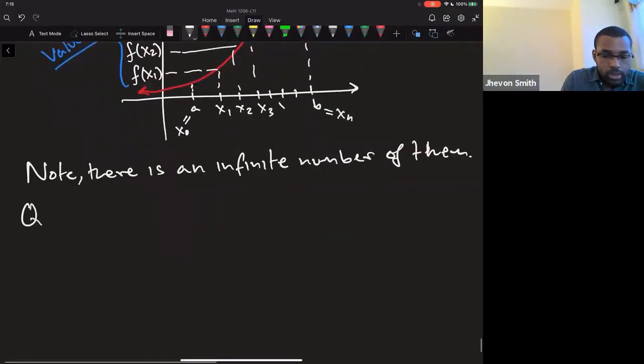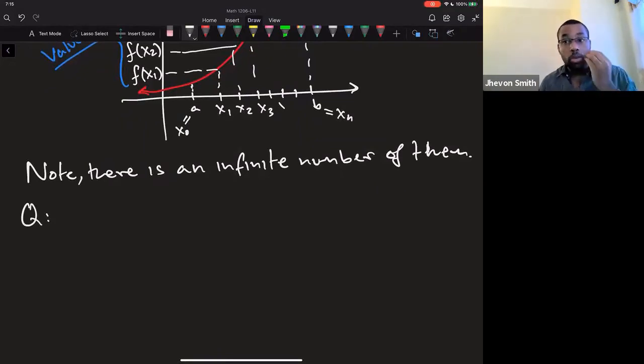So the question is, what if we were interested in, on average, what is the output of this function, right? So let's say for some reason, I had to guess without really knowing what the input is going to be. If someone were to say, oh, I'm going to plug in some random input and get an output from this function, what do you guess the output is going to be roughly, right?